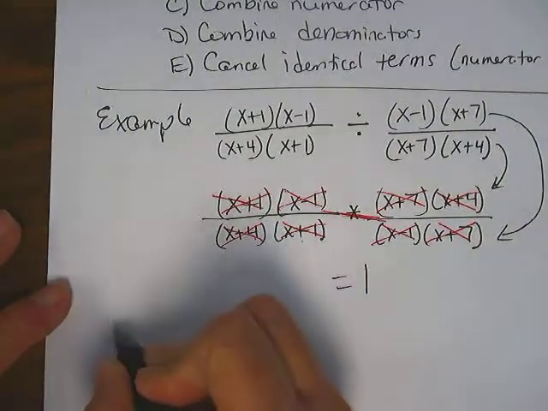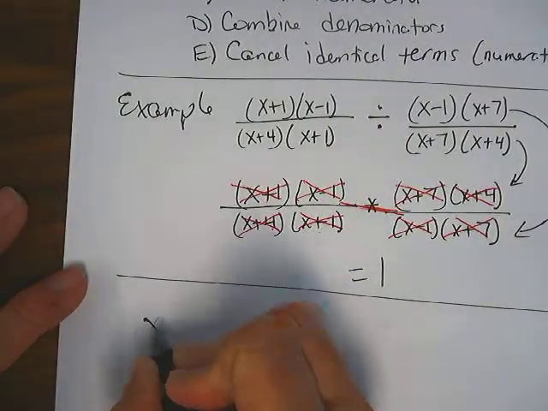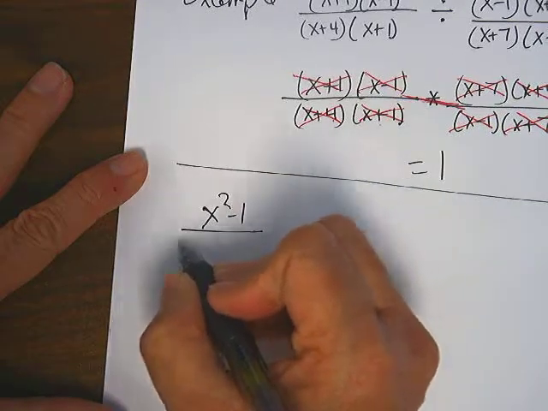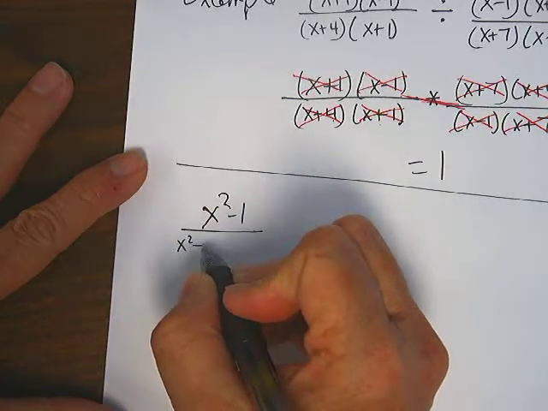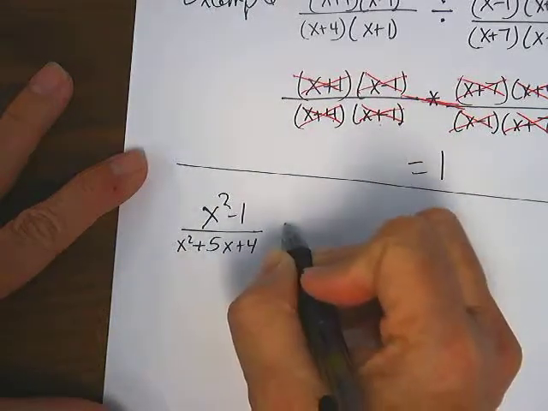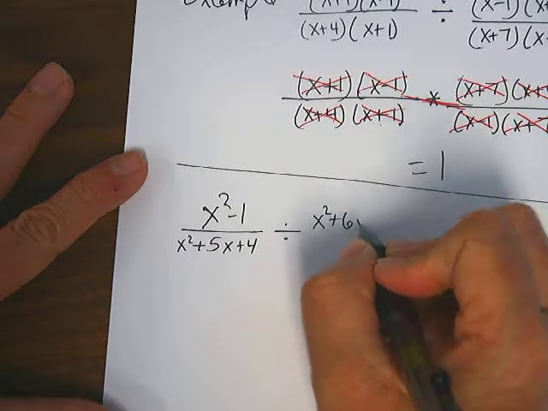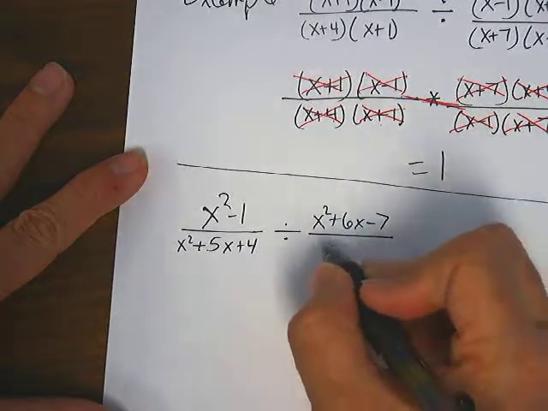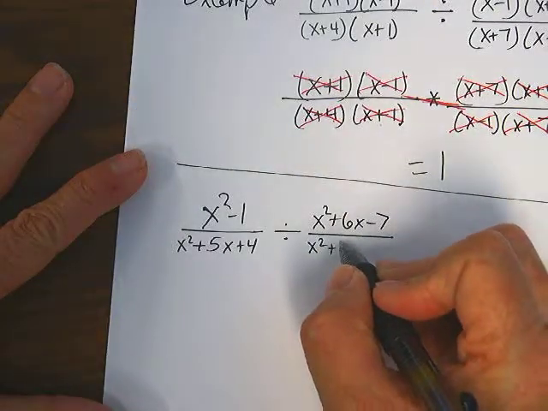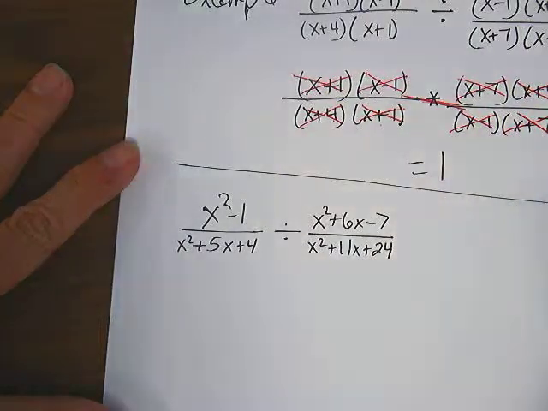Okay, let's take a look at a second example. Let's do one where we do a little bit of factoring. So x squared minus 1 divided by x squared plus 5x plus 4 divided by x squared plus 6x minus 7 divided by x squared plus 11x plus 24.